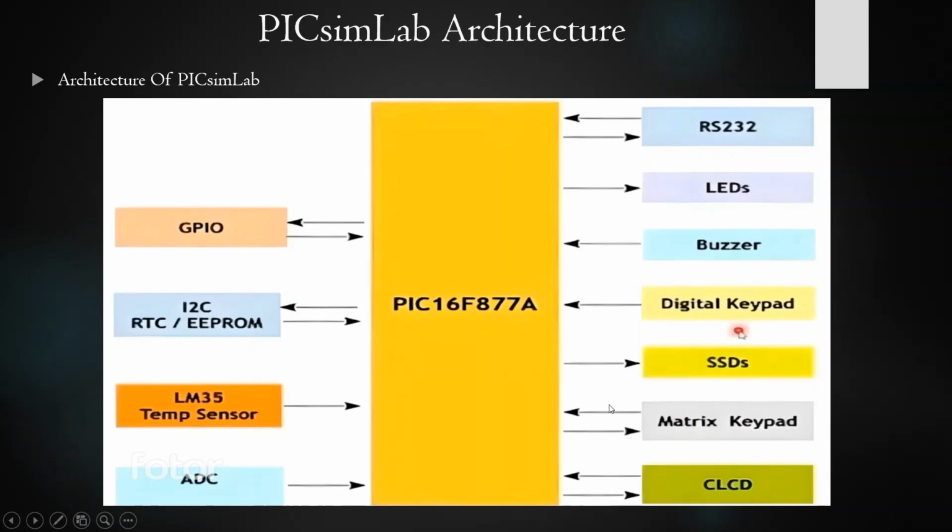It also shows the analog to digital converter, the CLCD display with a temperature sensor, GPIO, I2C, then RTC, EEPROM, and the LM35 temperature sensor with ADC. Components such as the LEDs, buzzer, digital keypad, and SSDs are used in this PiximLab architecture.